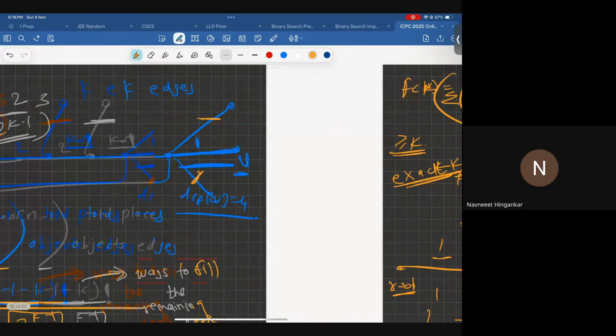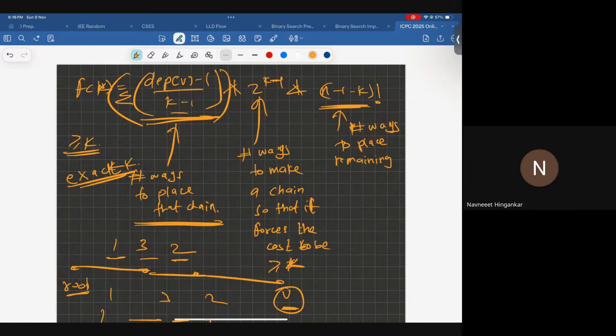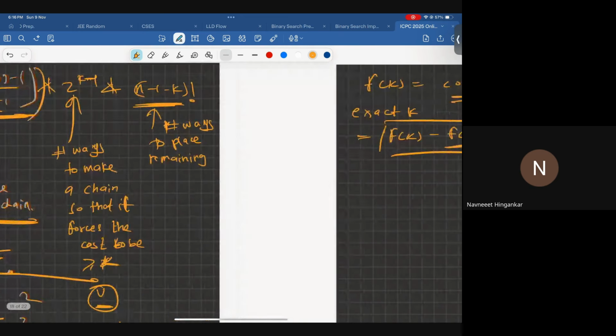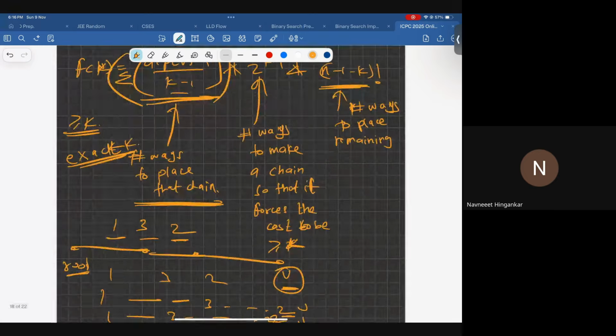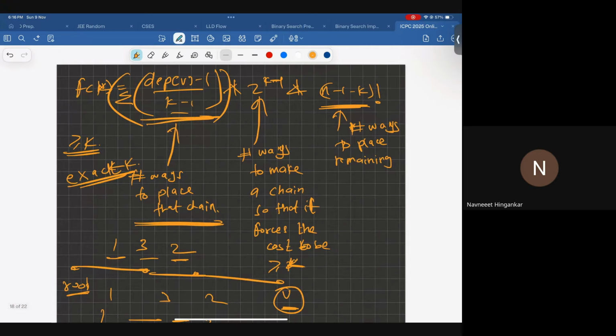All you need to think about is three things: the chain, how we are placing the chain, and how we are rearranging the chain, right? Rearranging the chain inside is 2 raised to the power k minus 1. 2 raised to the power k minus 1 is the number of ways to rearrange so that the cost is forced to be greater than or equal to k.